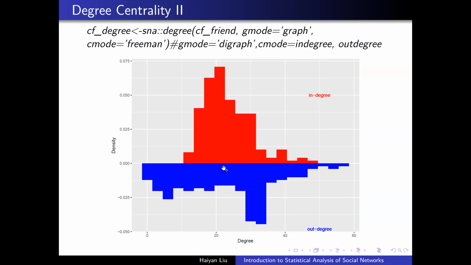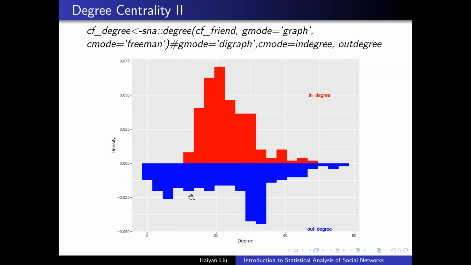We can notice that the in-degree tends to focus on larger values. It means that if a student is rated by others as a friend, many students tend to rate them as a friend. So if a student is popular, usually they have many friends.